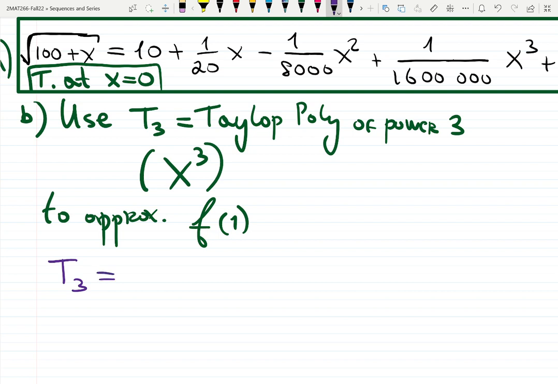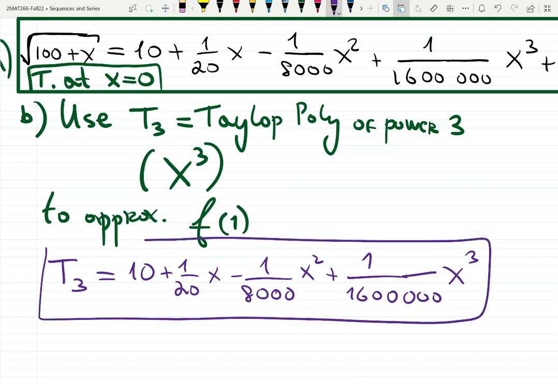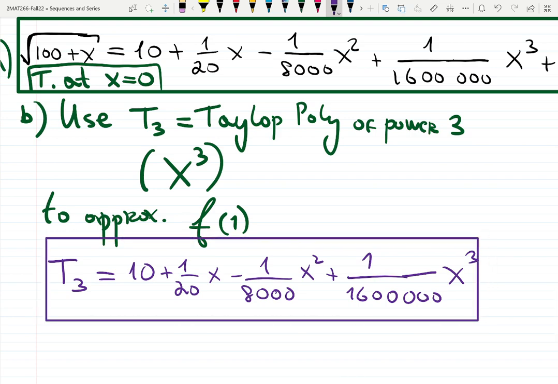is equal, that's an equal sign, 10 plus 1 over 20x minus 1 over 8,000x squared plus 1 over 1,600,000 x cubed. That's called a Taylor polynomial, third power, because it ends at x cubed.